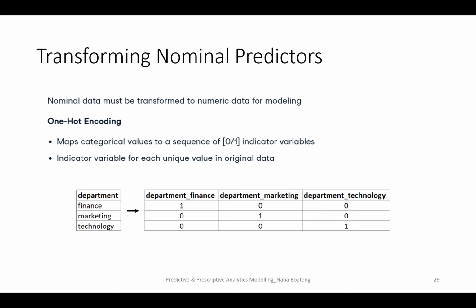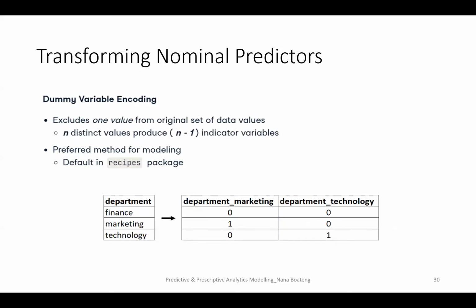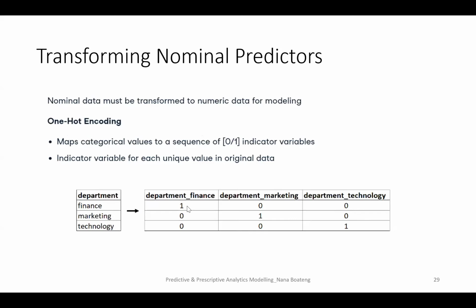Because we need to use numbers so that the machine learning algorithm will be able to do it, okay? Another way by which we can transform nominal predictors is to use what we call dummy variable encoding. So the first one where we have finance is 1 and then marketing is 0, okay? It's a bit redundant.